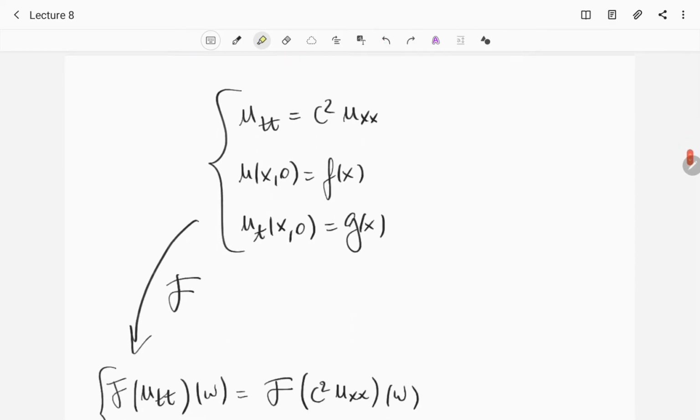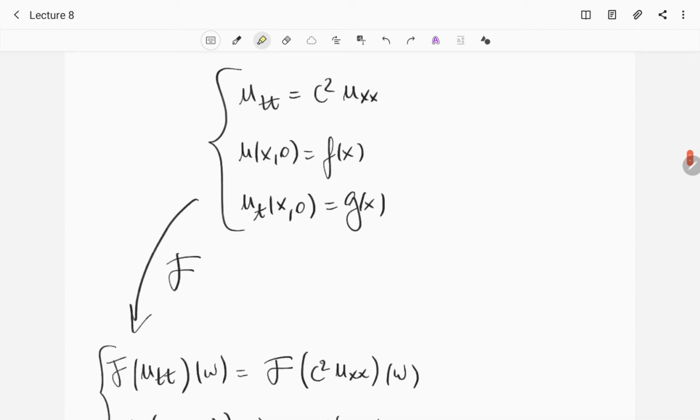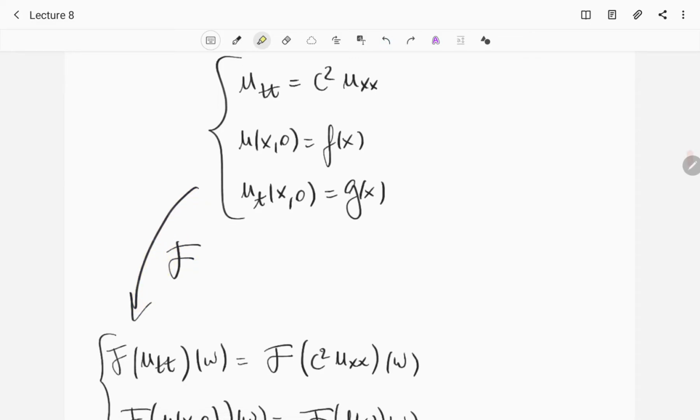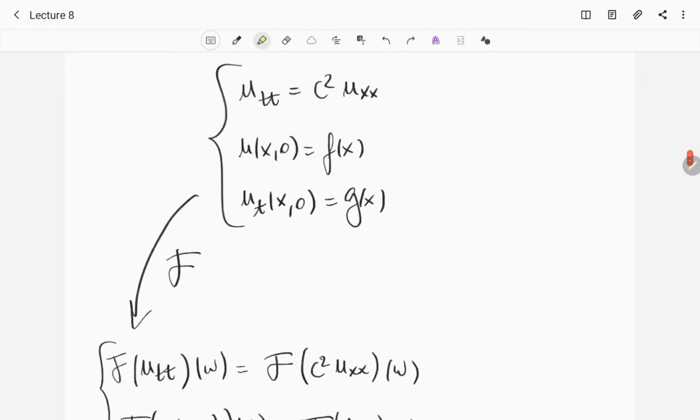So here we are. This is our problem. We Fourier transform it, if we can use this as a verb. So in the first line, you see we have the Fourier transform of the second derivative of u with respect to t, and this piece on the other side of the identity of the first line.